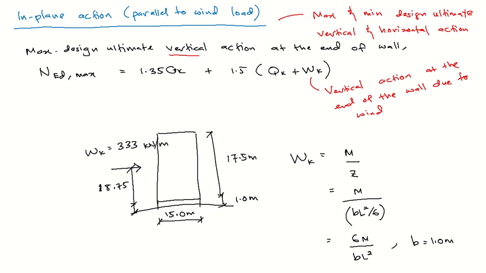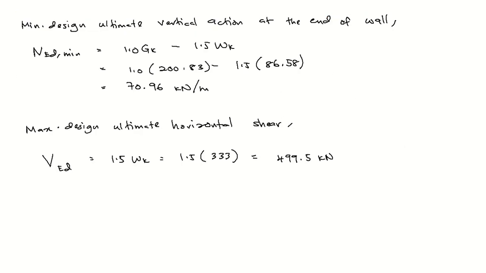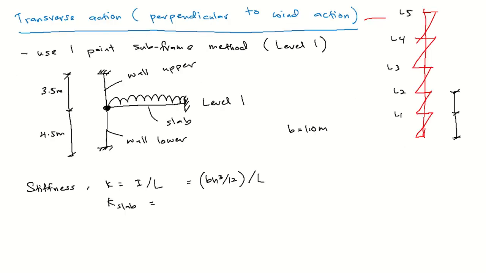We have 36 meter, but we are considering 1 meter width. So B is 1 meter. H is the thickness. For the slab, the thickness is 175 mm. For the wall, the thickness is 250 mm.